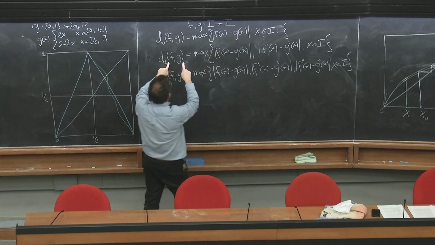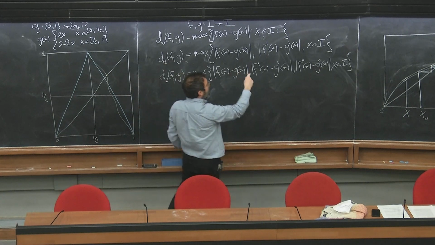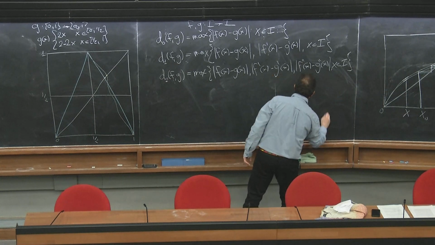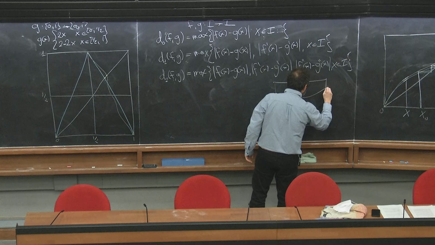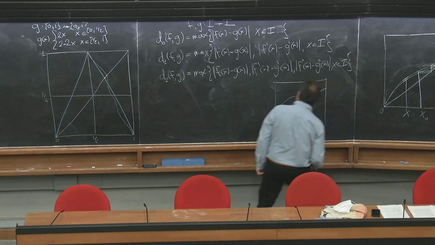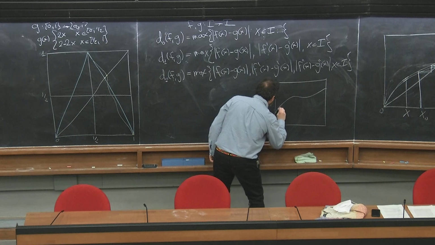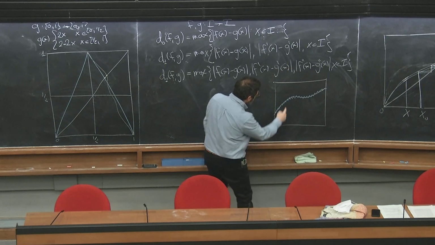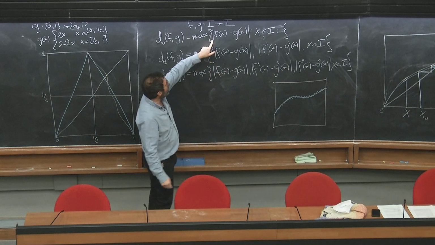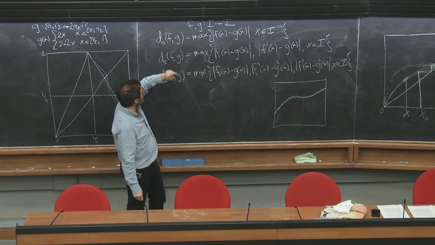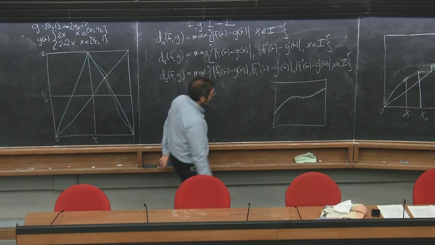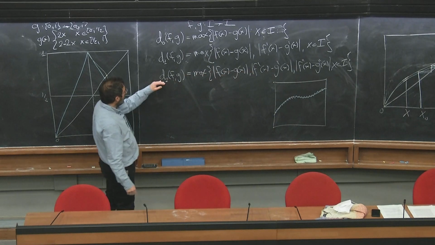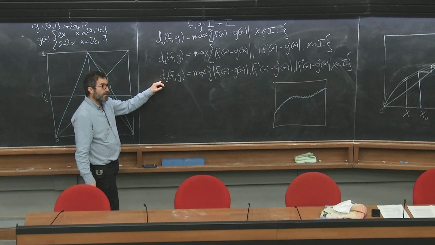But they're not close in the C1 metric because you may have this, the graph of one map, and you may have the other one that wiggles a lot, oscillates a lot here. So the distance between the two graphs is always small, so it is close in the C0 metric, but the C1 metric is big because there are some points here where the derivative is very different in the two, and even more so in the C2 metric.